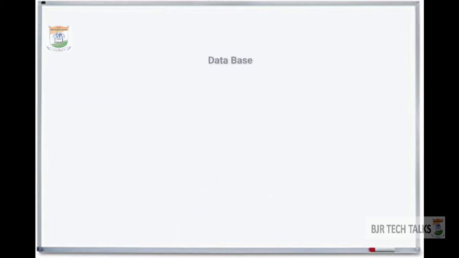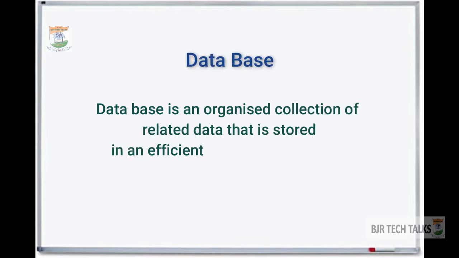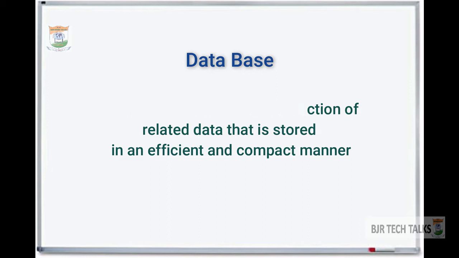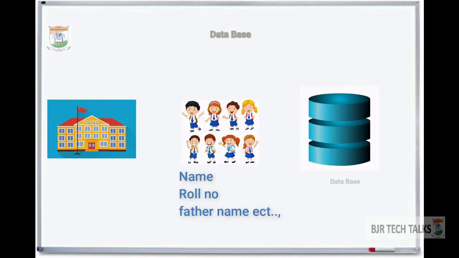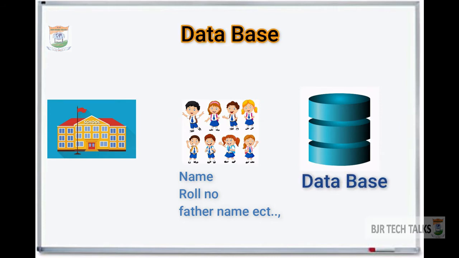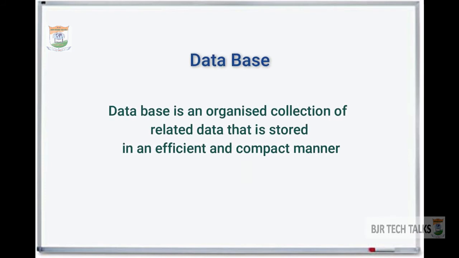So now coming to the definition of database, database is an organized collection of related data that is stored in an efficient and compact manner. So it stores the data which is related. As we seen in the example, in a school we are storing the data of students, but the attributes are the same for every student like name, roll number, father name, etc. So storing related data is known as database.